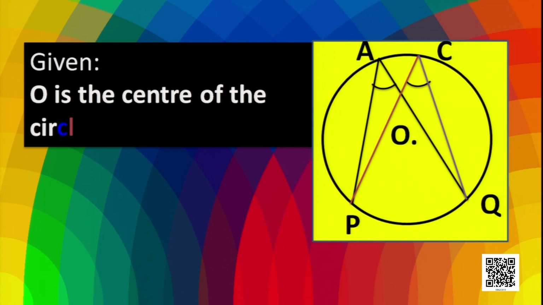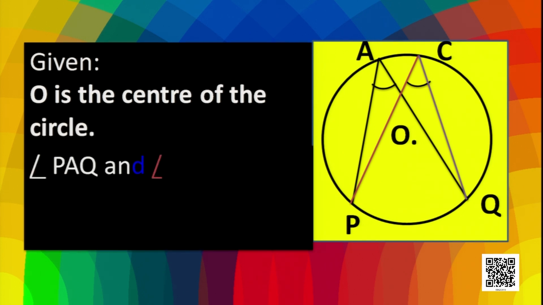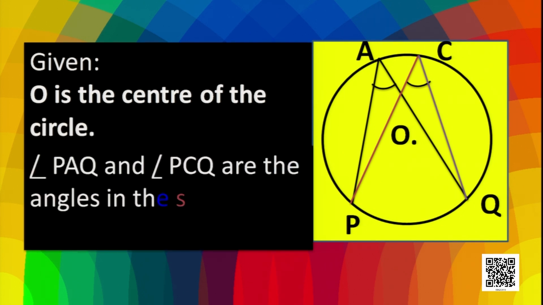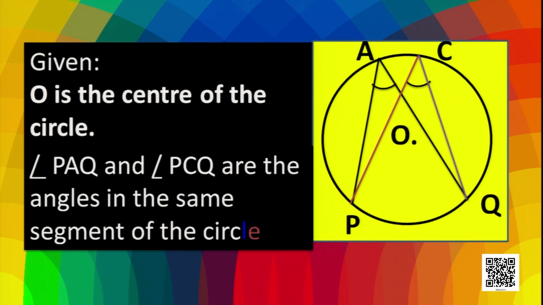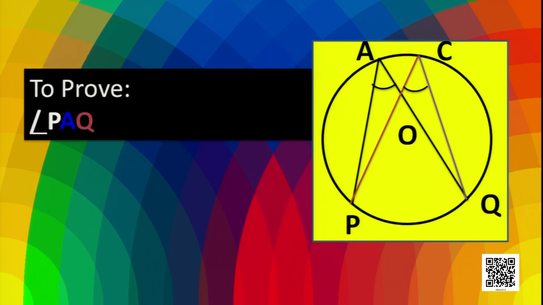Here O is the center of the circle and PAQ and PCQ are the angles in the same segment of the circle. So what to prove? We have to prove that these two are equal. So we can write that angle PAQ is equal to angle PCQ. To prove this, we need a construction.